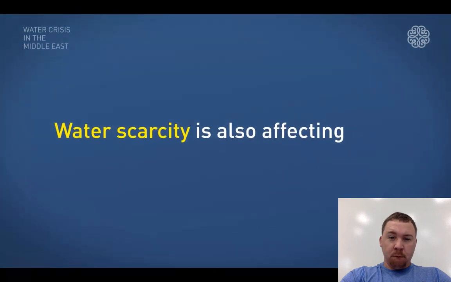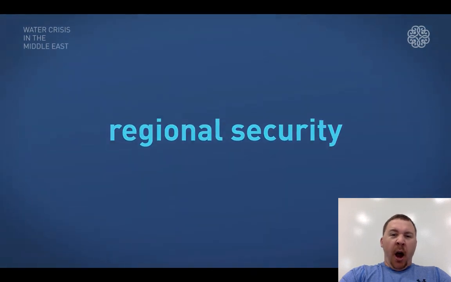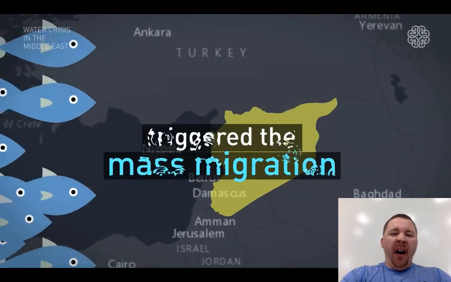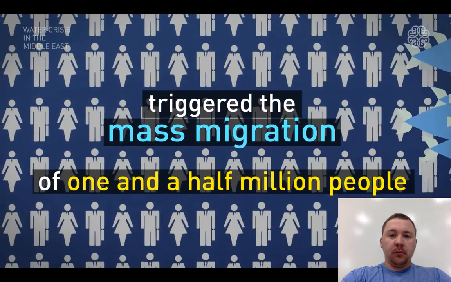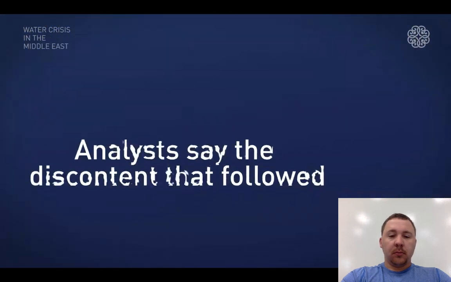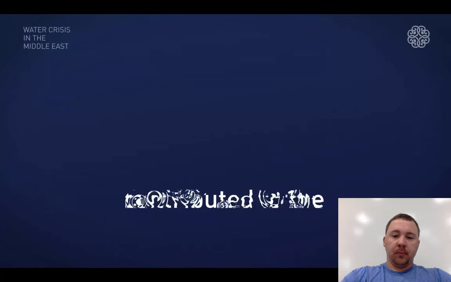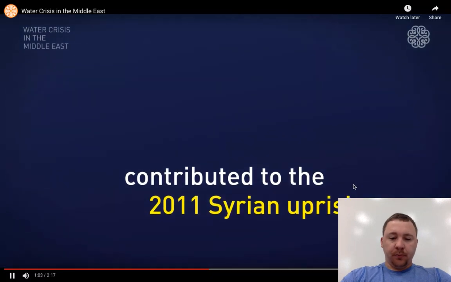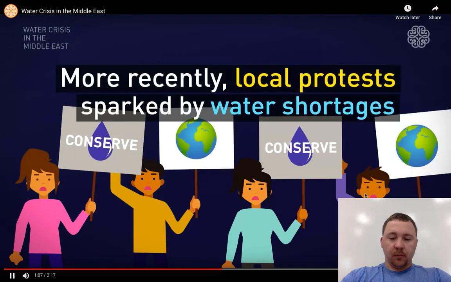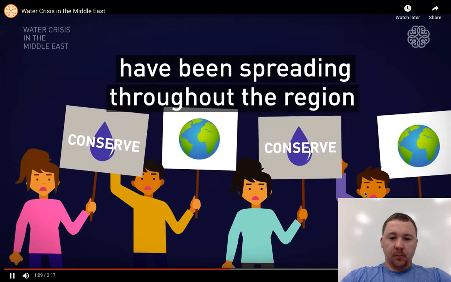Water scarcity is also affecting regional security. In Syria, a devastating drought in the late 2000s triggered the mass migration of 1.5 million people from rural to urban areas. Analysts say the discontent that followed contributed to the 2011 Syrian uprising. More recently, local protests sparked by water shortages have been spreading throughout the region.